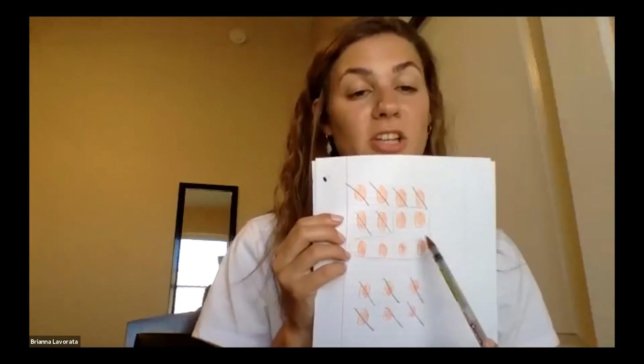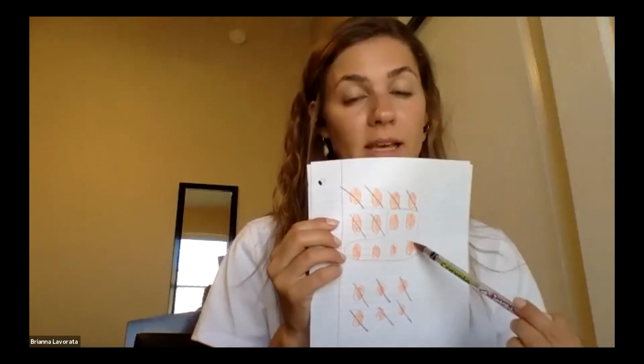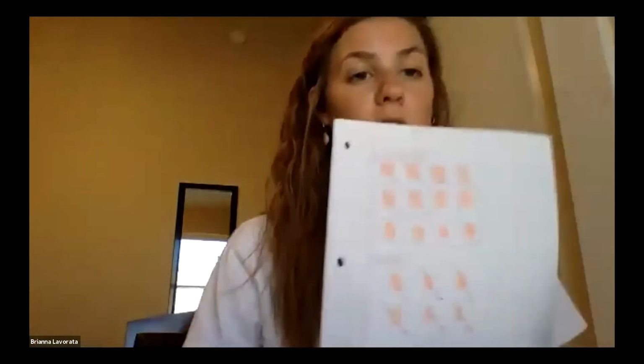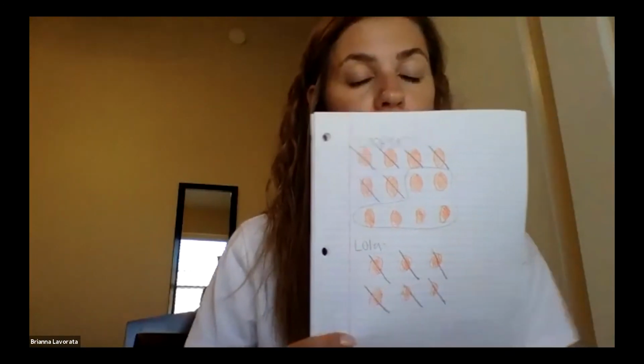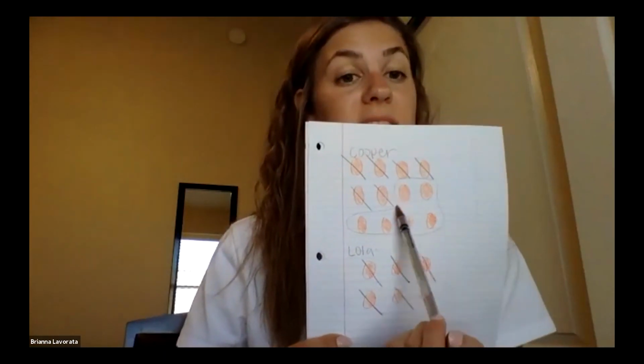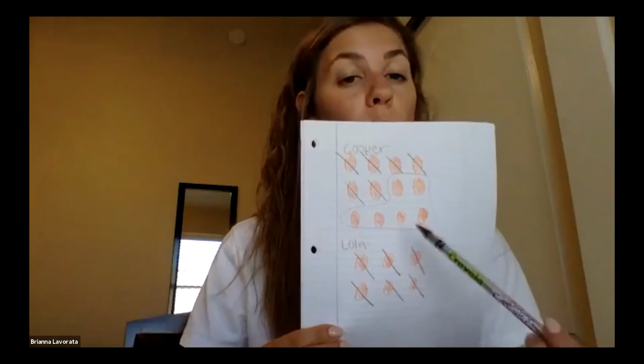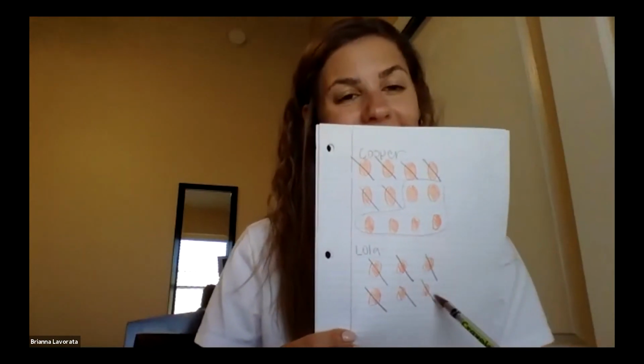So now by solving this, this tells me that Cooper, because this is Cooper's pile, we can write Cooper and we can write Lola. Okay, so Cooper's pile and Lola's pile. So now we know that Cooper picked 6 more oranges than Lola, okay?